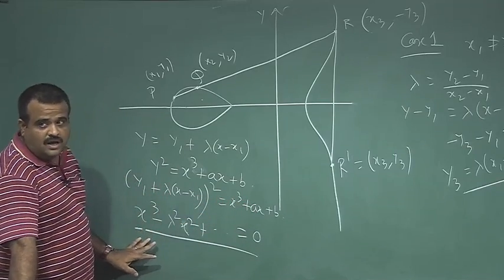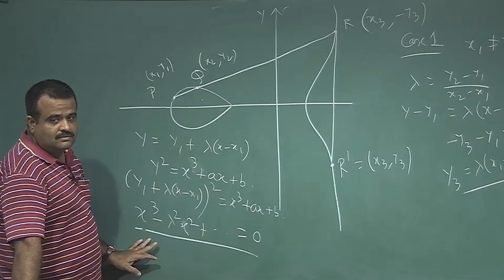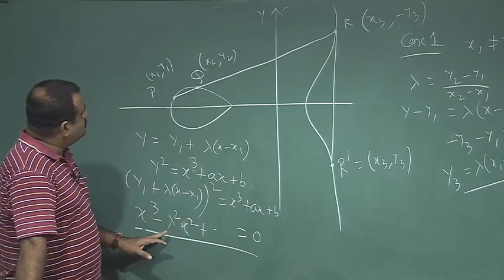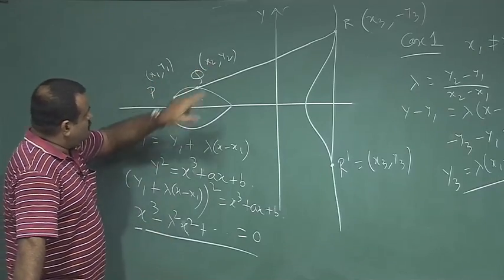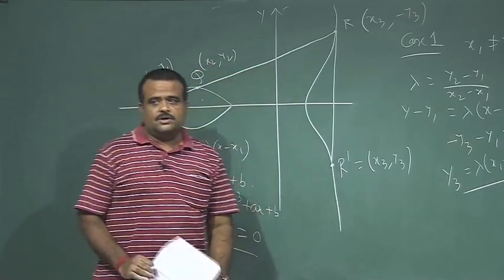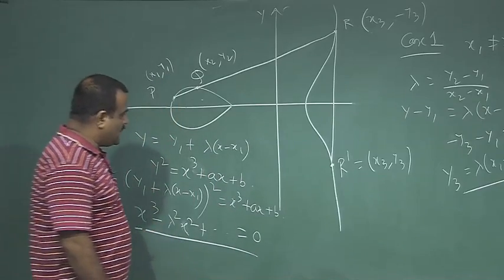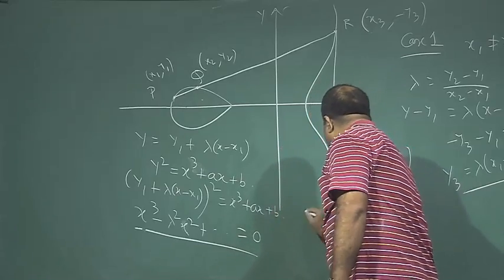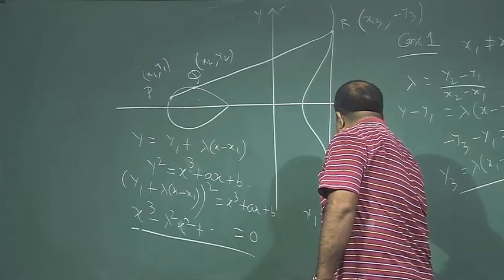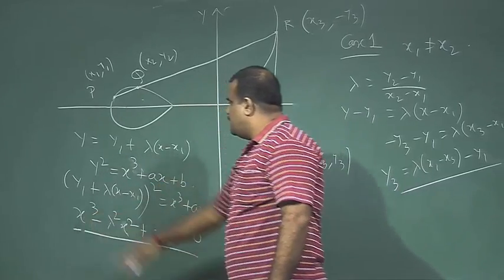So this is the cubic equation in x, and a cubic equation means it has 3 roots, and these roots are basically x1, x2, x3. So we know the sum of the roots is basically minus b by a. So sum of the roots x1 plus x2 plus x3 is basically minus this by 1.